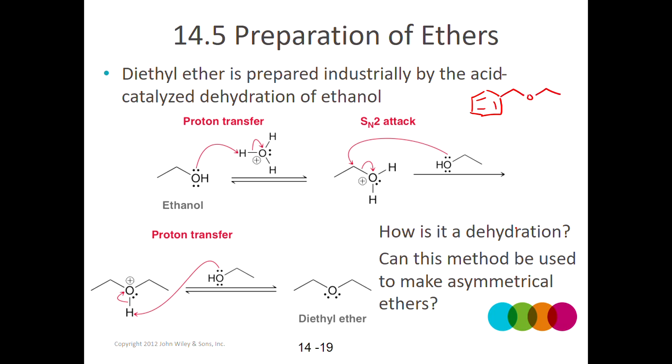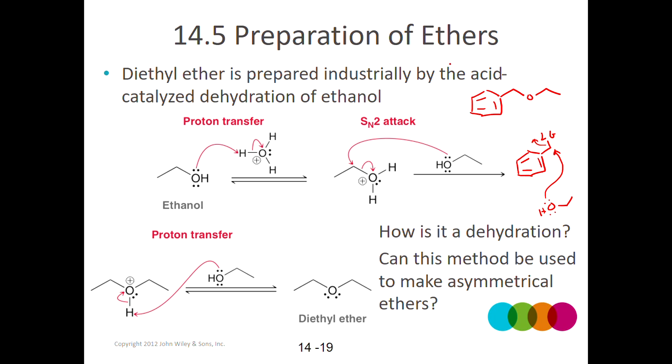We did that one. What a lot of people did was they tried to set up this with a leaving group, and then tried to have the oxygen attack there and push out the leaving group.